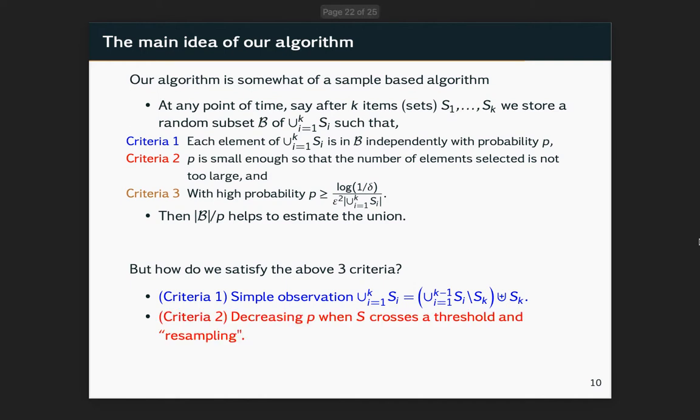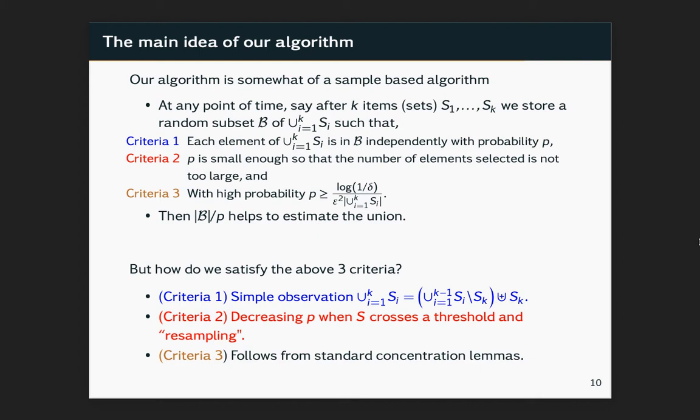For criterion 2, the main idea is that the probability P with which we sample doesn't remain the same throughout the algorithm. In fact, as the algorithm proceeds, P keeps going down, and every time P goes down, we have to resample the set B to ensure that criterion 1 is satisfied. And criterion 3 actually follows from some standard concentration lemmas.